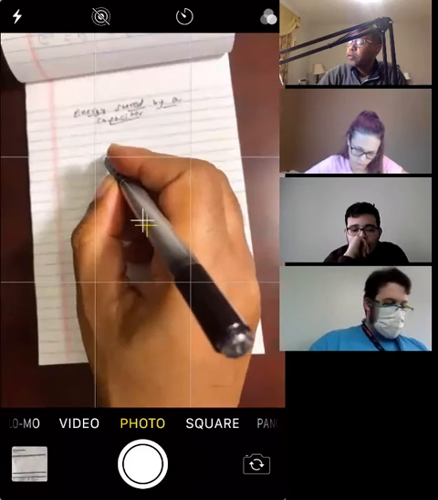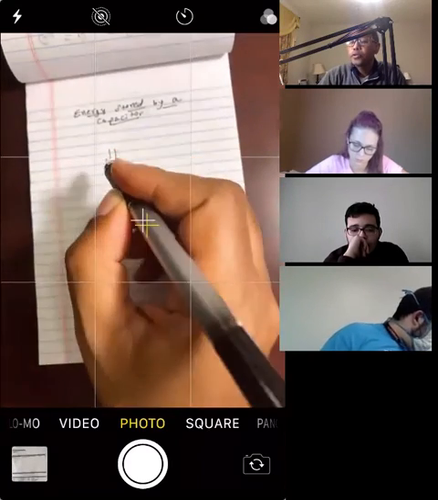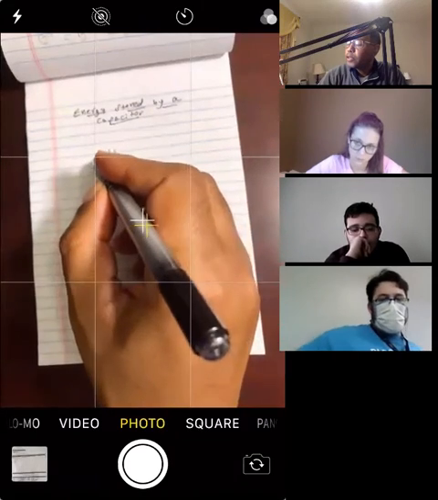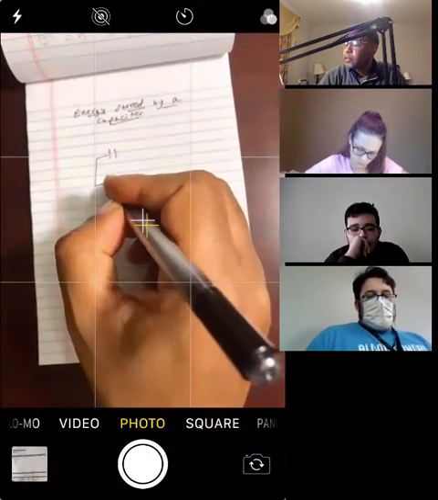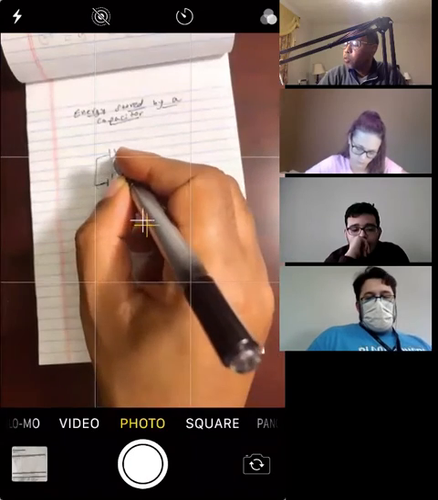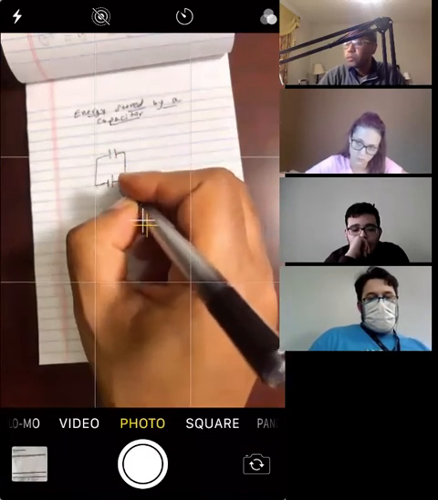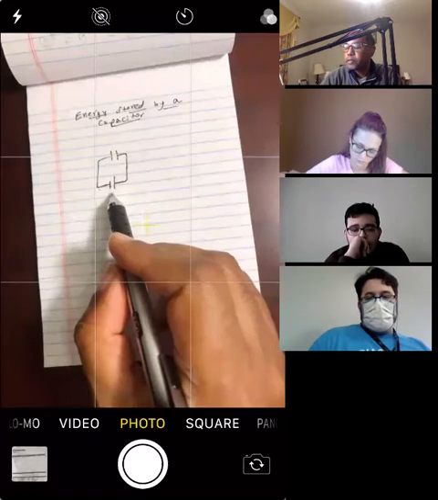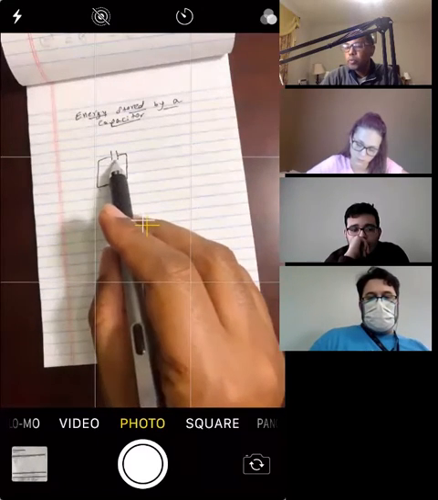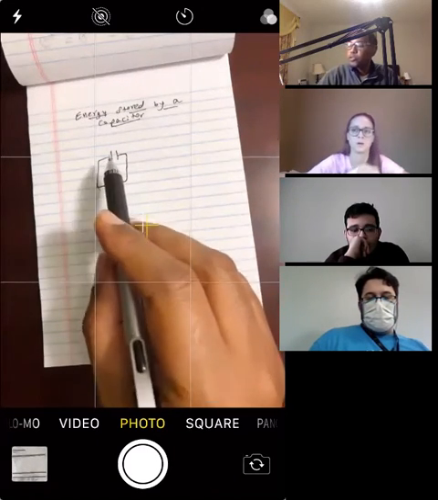Suppose you have, let's say this capacitor over here, and you're connecting it to a battery like this, okay? Now the battery is going to do work to charge this capacitor, right? So the amount of work that the battery has to do to charge this capacitor is the amount of energy that is stored by the capacitor.